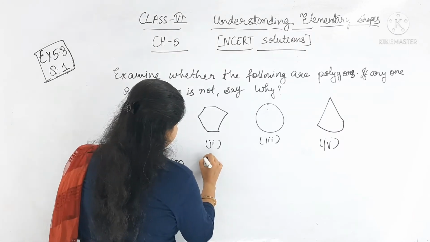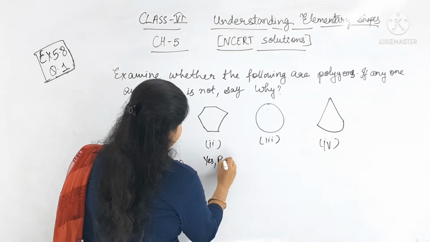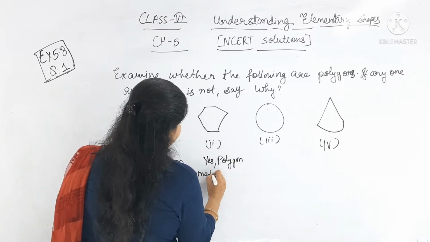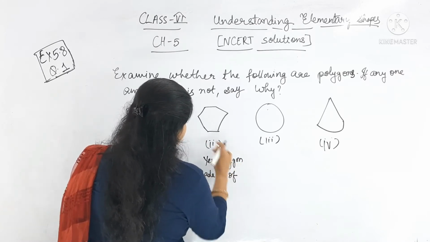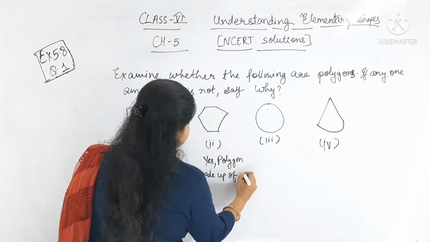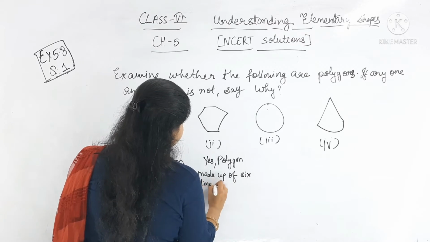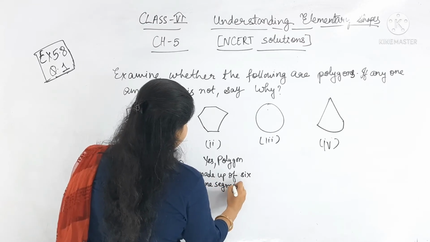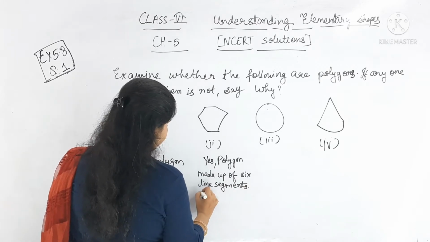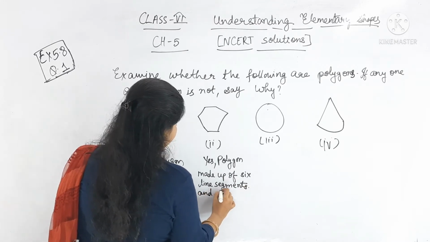So this is a yes, polygon, made up of 1 2 3 4 5 6 line segments, that is hexagon. Okay, 6 line segments and closed figure.